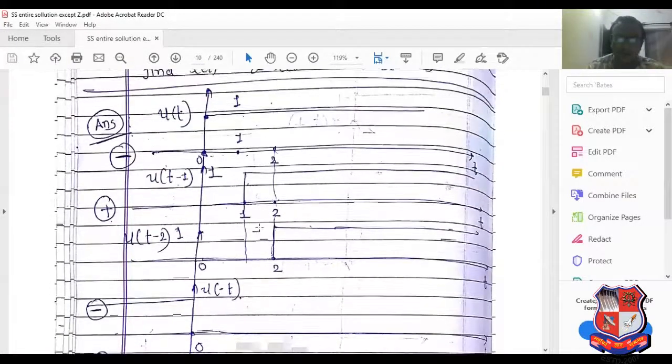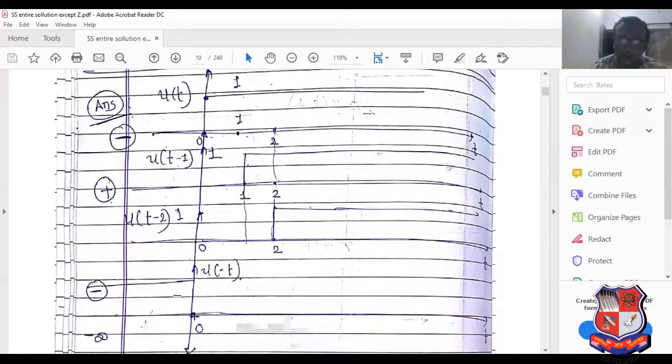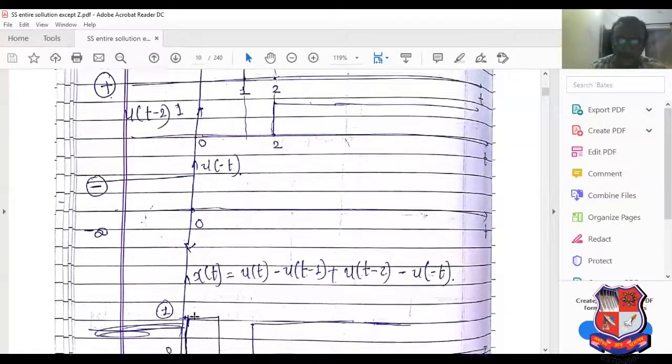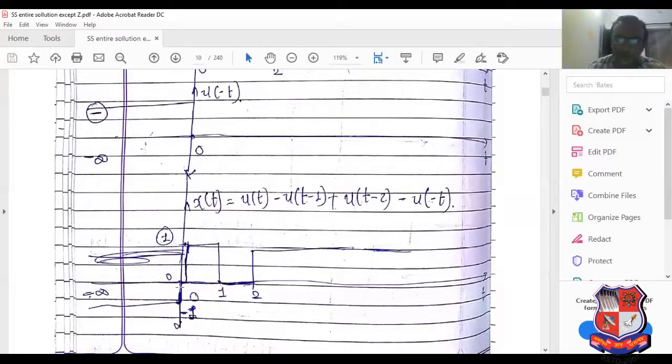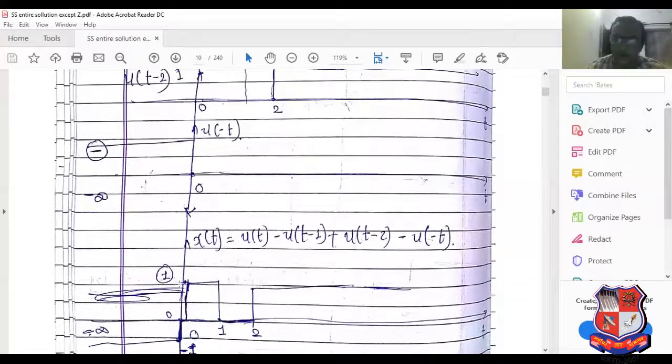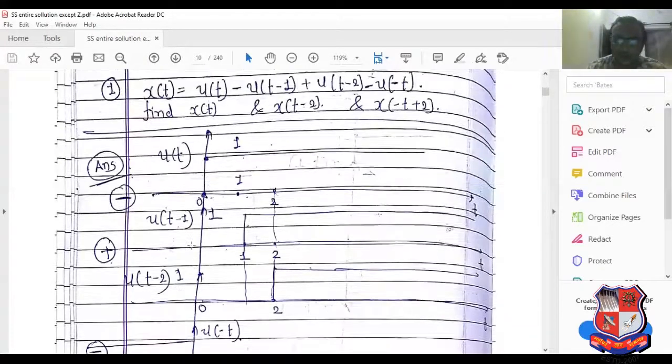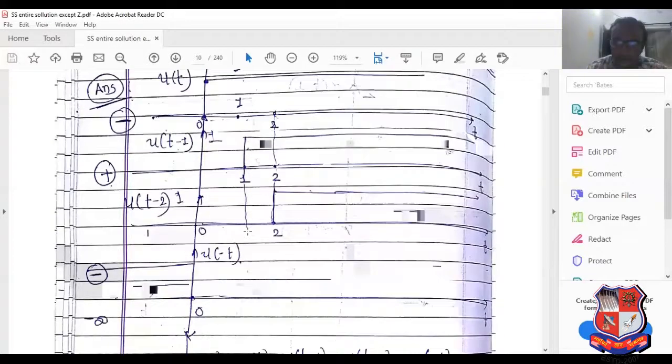How is it possible? See this, at t equal to 0 amplitude is 1. Here the amplitude is 0, here also 0, but here the amplitude is 1. So 1 minus 1, amplitude is 0. Now at 1, amplitude here is 1, here 1, so 1 minus 1 is 0.